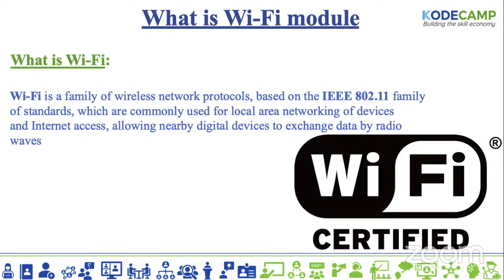A module is basically something that gives you full privilege to a particular thing. So we're going to look at what Wi-Fi is, and Wi-Fi is actually an acronym, which stands for wireless fidelity.